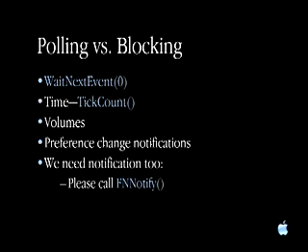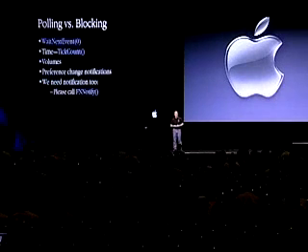Time and tick count. That's something that surprised a few of us. We did some performance profiling and various apps show that tick count is taking up a significant amount of time. One of the reasons is that tick count costs more than it does on OS 9. But it's also used all over the place in a lot of UI in places where it really doesn't have to be used. First of all, we're talking about something that's very coarse-grained, right?